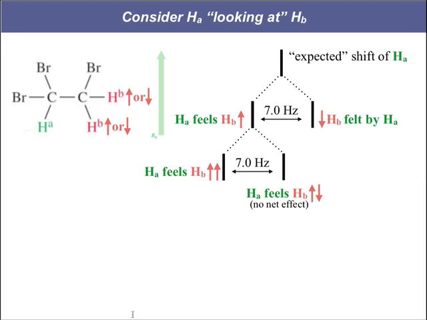Now, if that's the case, the B that's aligned with the magnetic field adds to it, and the B that is aligned against the magnetic field cancels that out, which means that this signal is exactly where we would have expected A to be if it did not feel any of its neighbors. One is aligning with, one's aligning against. That's no net effect.